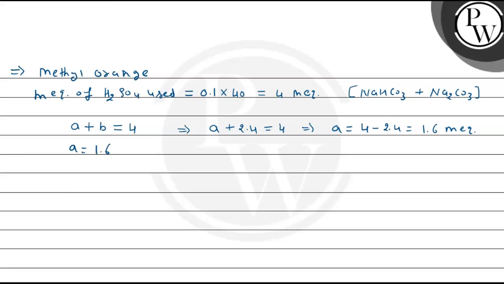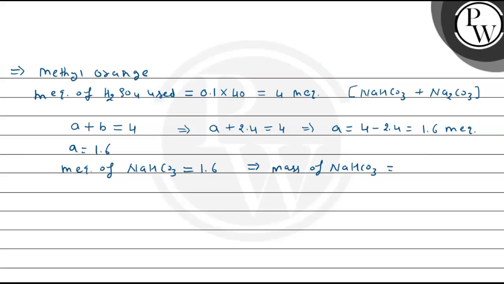So what is A? It is actually milli equivalent of NaHCO3 which are used in titration. So it is equal to 1.6. From here we can easily calculate the mass, and it can be calculated as mass of NaHCO3 which is used.